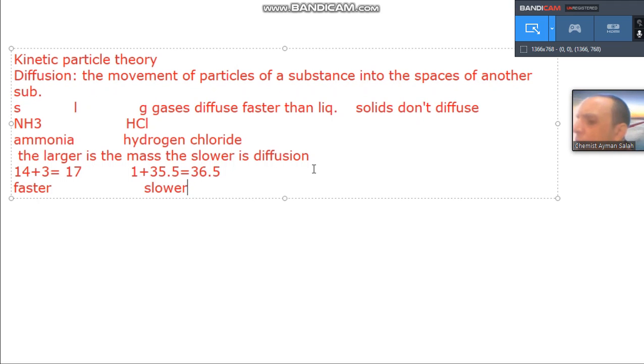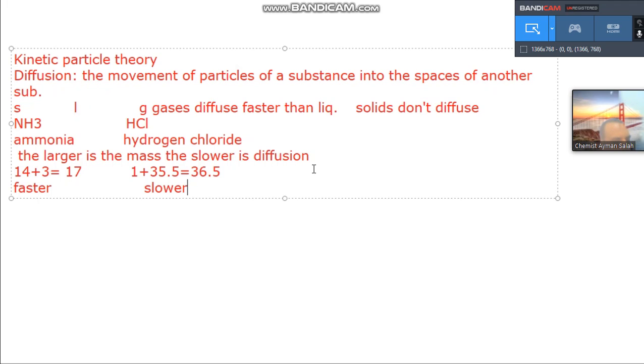You have an experiment here in page 9. This is the experiment that we are talking about. We have a tube. This tube has a cotton wool soaked in ammonia, or ammonia solution.